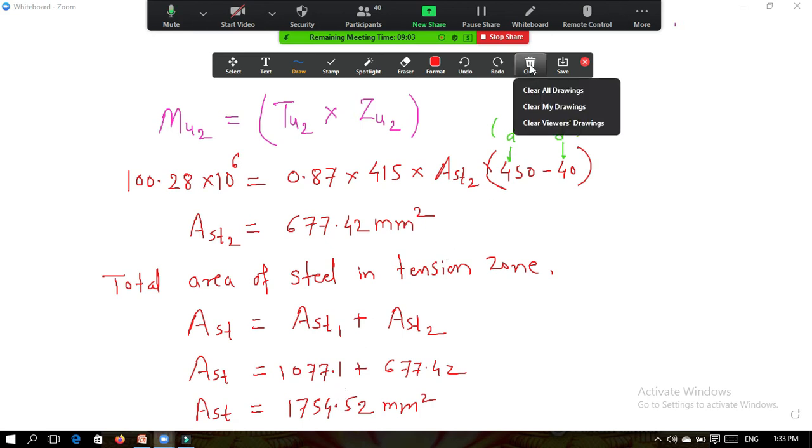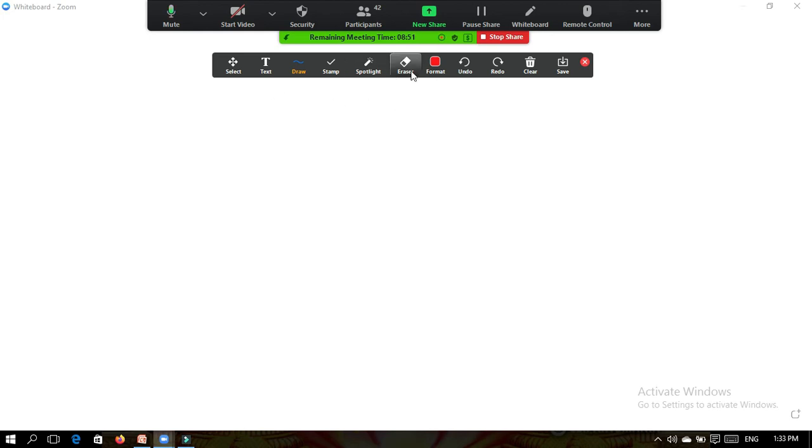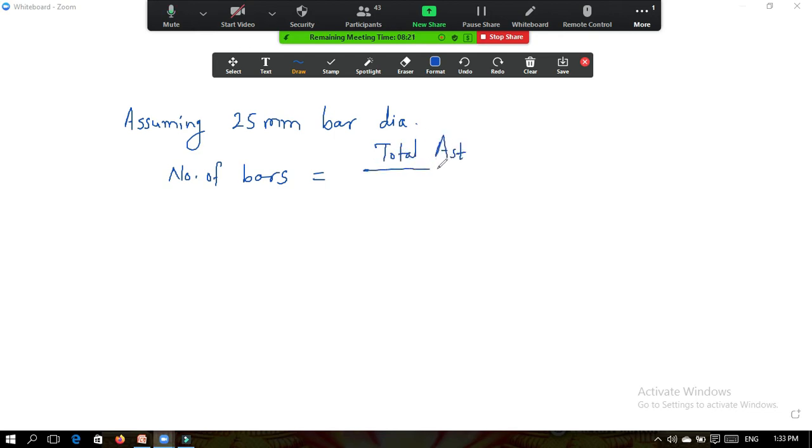Okay, so I am clearing this now. Here I will write, assuming 25 mm bar diameter, number of bars is equal to total AST divided by area of single bar.